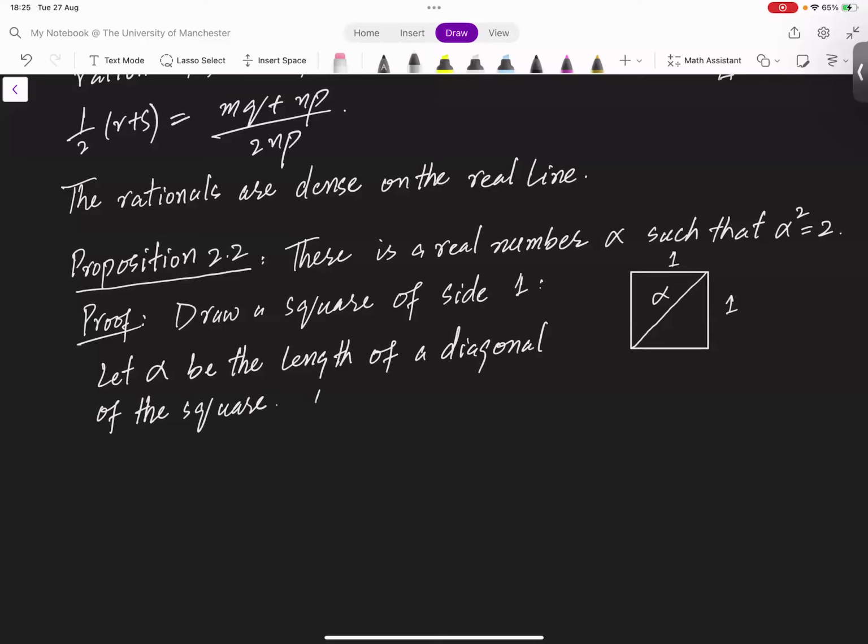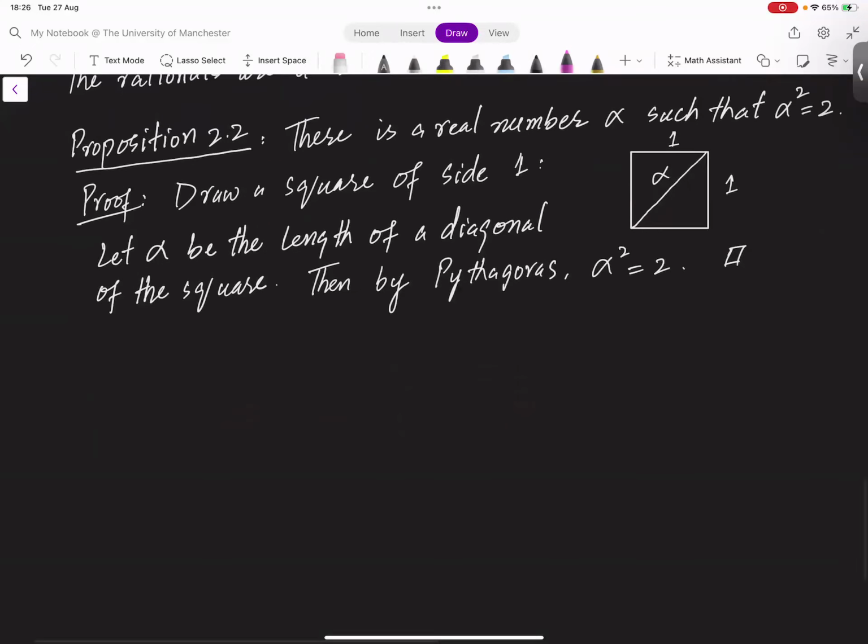Then by the Pythagorean theorem, we have alpha squared is 2. Now, for the real number alpha, we adopt the usual notation alpha equals square root of 2.